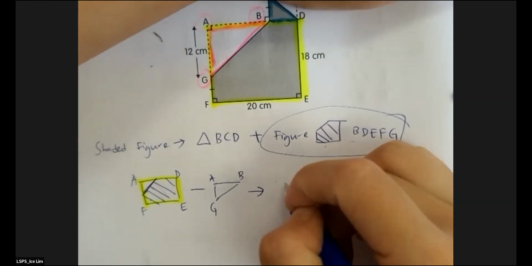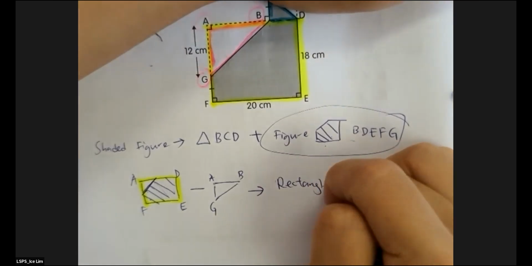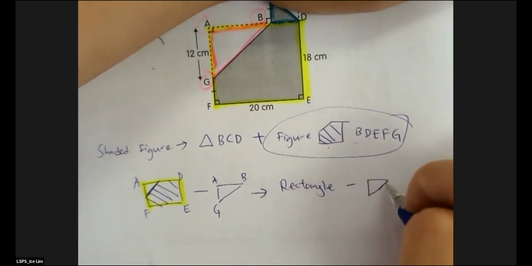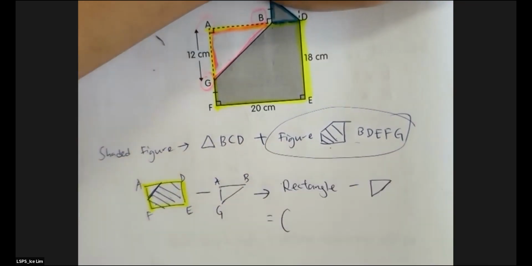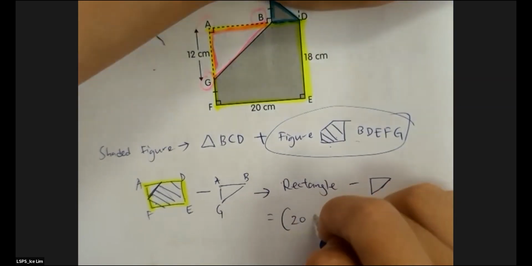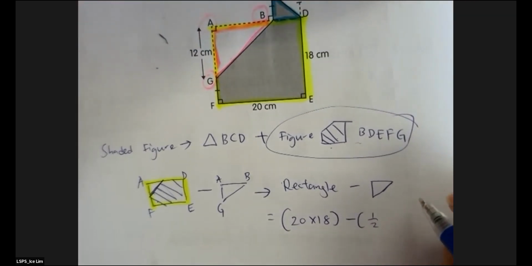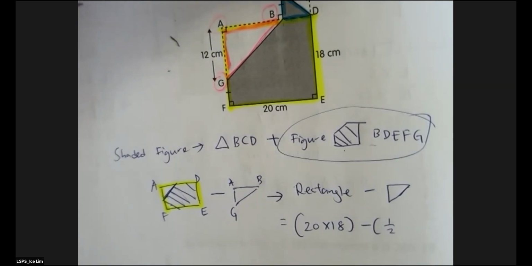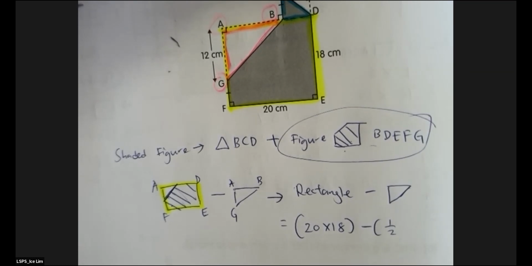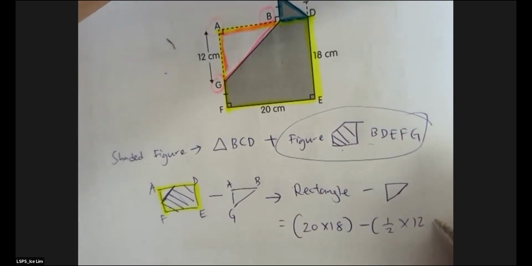So I find the rectangle minus that triangle, which is 20 times 18 minus the triangle half times 12 times 18.